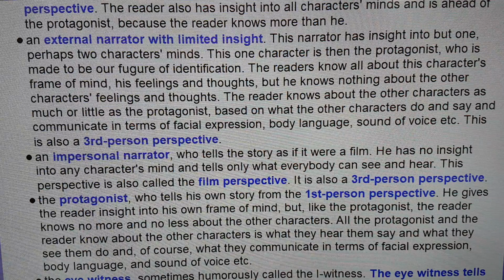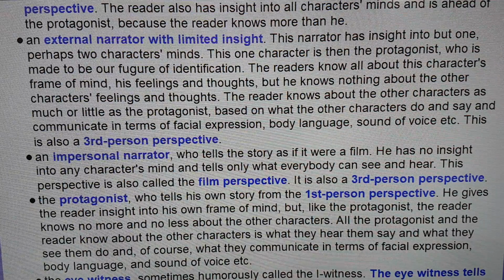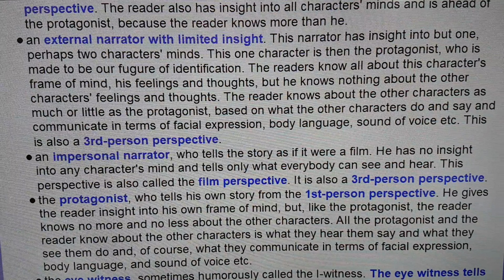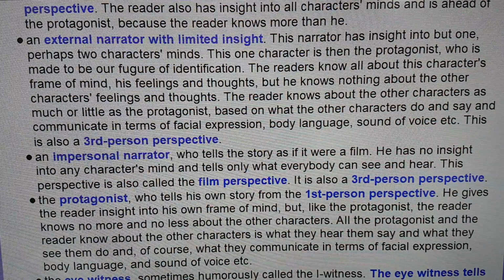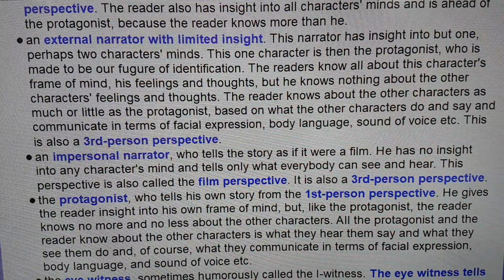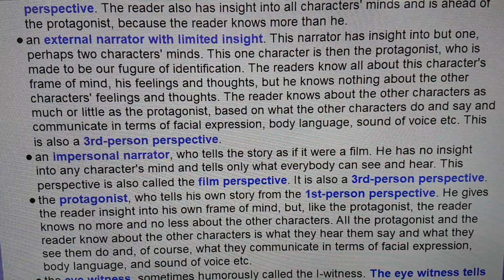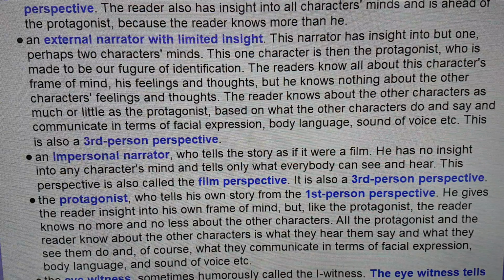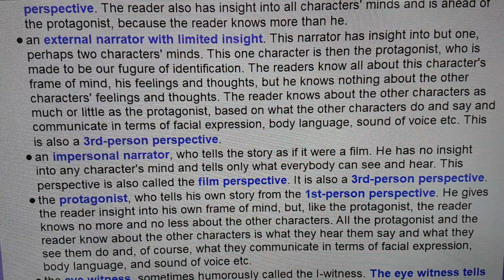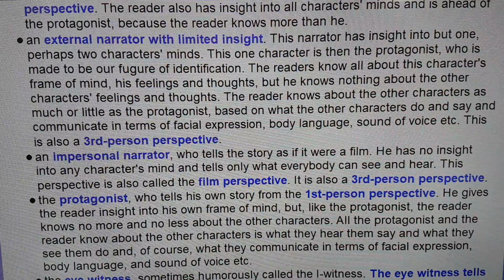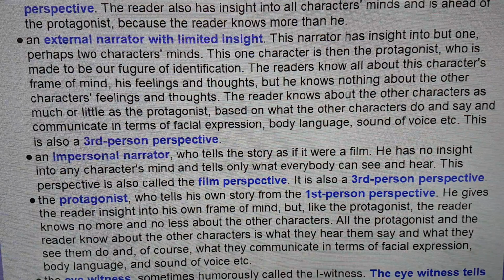And he probably tells you everything that he wants to give away in terms of how he feels, what he thinks, what makes him happy, what makes him unhappy, whether he has ambiguous feelings about certain situations, etc. But, of course, you will learn about the other characters only to the extent that the protagonist will tell you what he hears, what he sees, what he sees them doing, what he sees them looking like, what he hears them saying, etc. And of course, your impression of the other characters is always filtered through the protagonist's perception and interpretation.